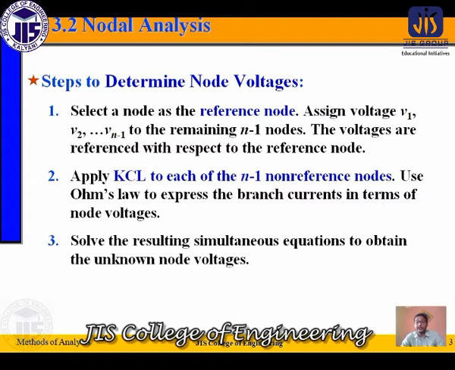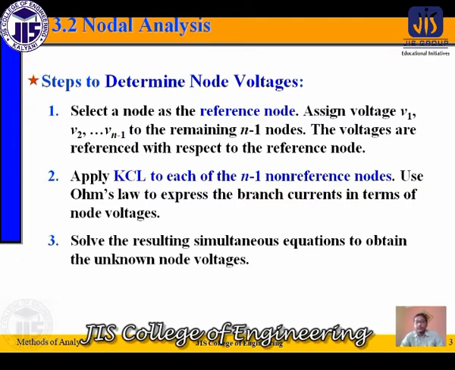Just remember, whatever the number of nodes, we consider only one node as the reference node, with a voltage of 0. It means the reference node is at ground potential, and for all the remaining nodes we consider voltages like V1, V2, V3, V4. These are the unknown voltages, and our aim is to find them. If we can find these unknown voltages, our circuit is solved. So there is no problem at all.